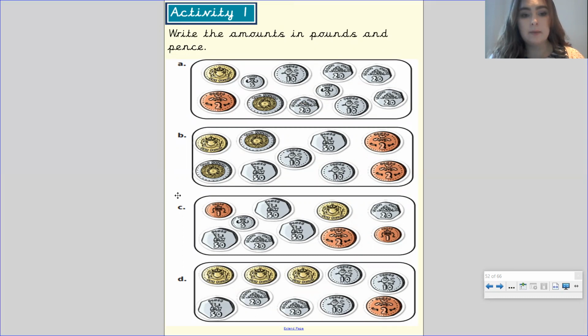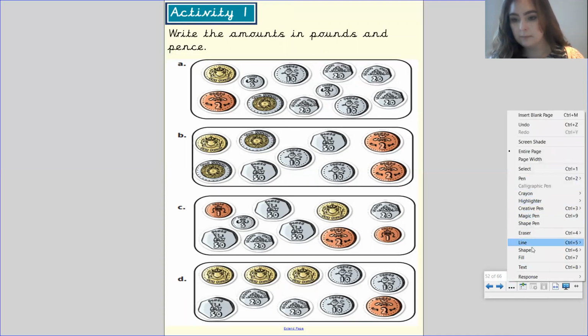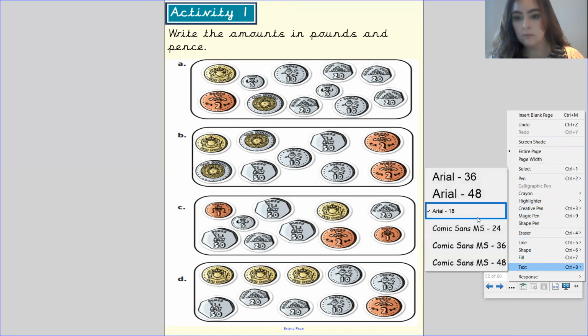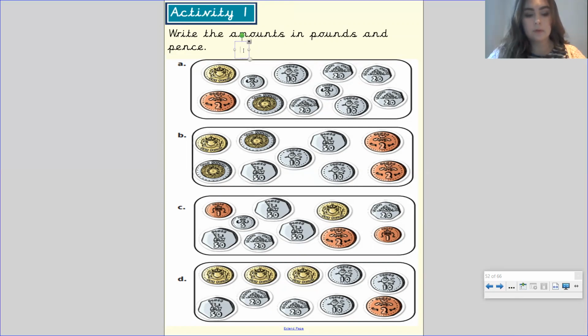So go through A, B, C, and D and write how much the amount is in pounds and pence. So it should look something like something pounds and something pence. So it should look like this for each of these.